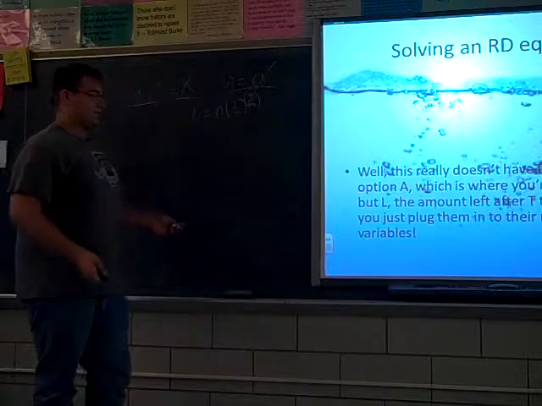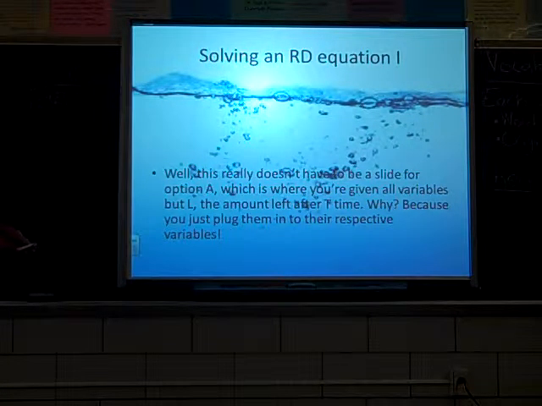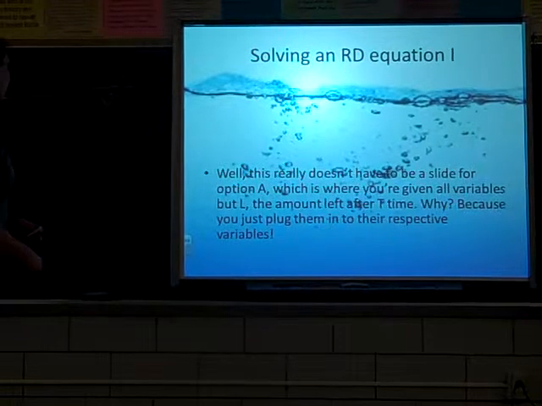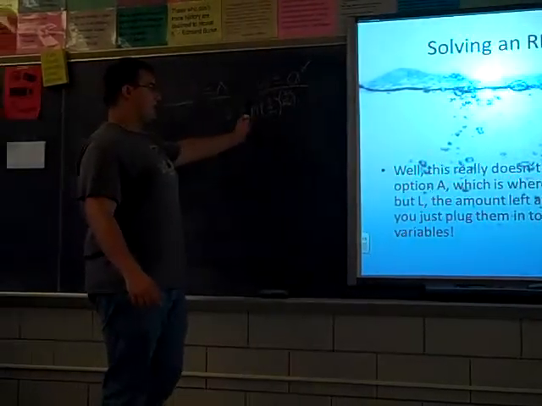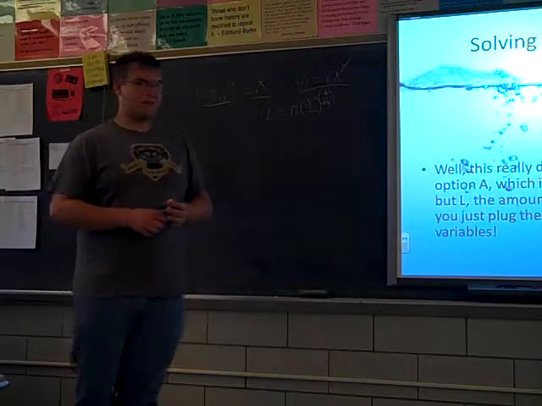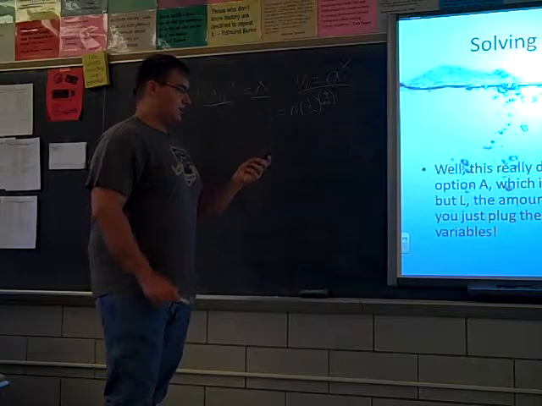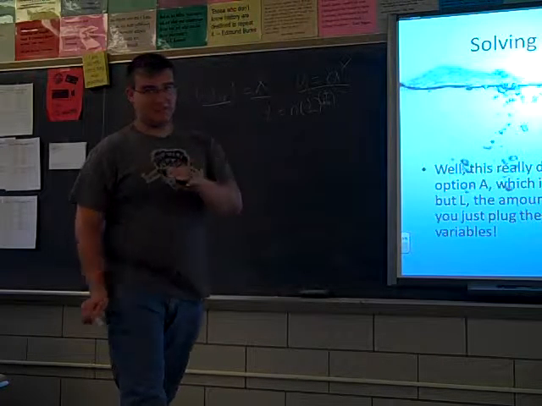So, solving a radioactive decay equation. Well, it's relatively easy if you are given the N, the T, and the H, which is what most problems will have. But if you're an actual scientist, it's going to be a lot harder, but I'll get to that in just a second.